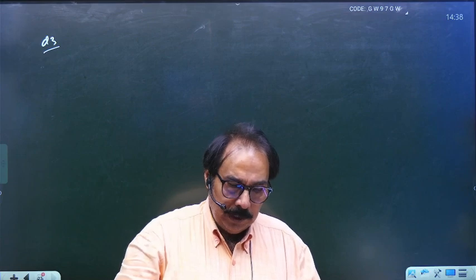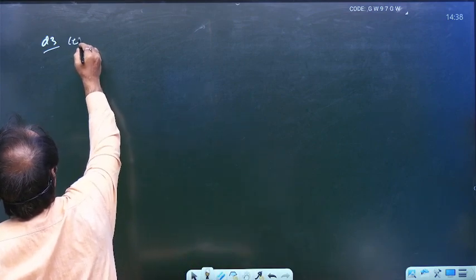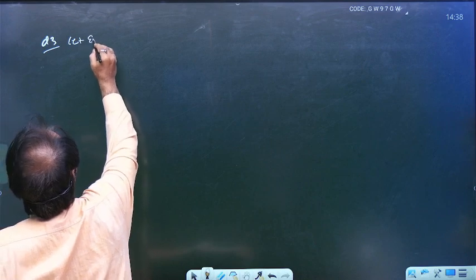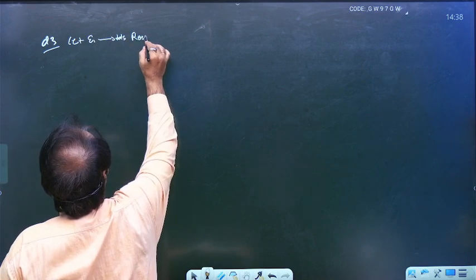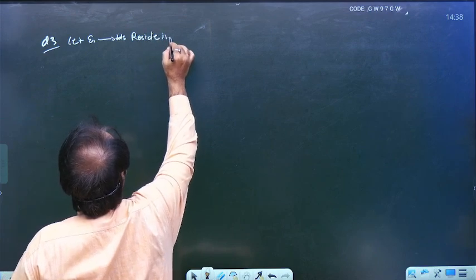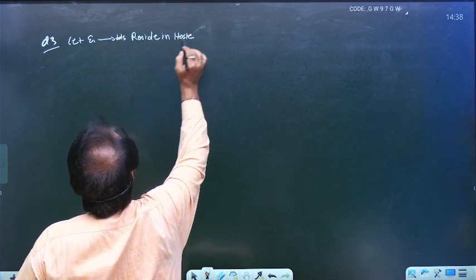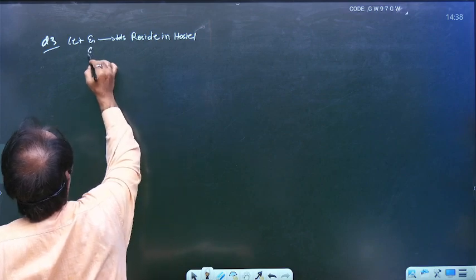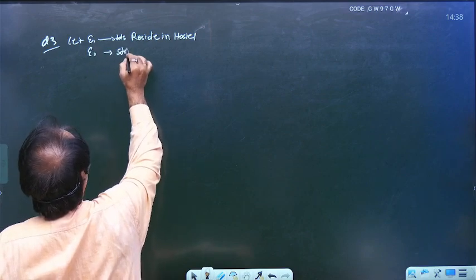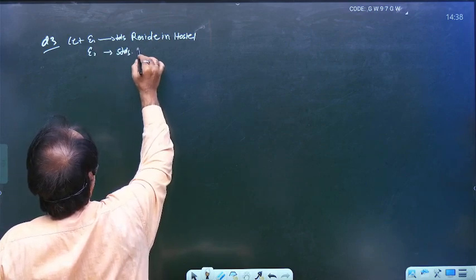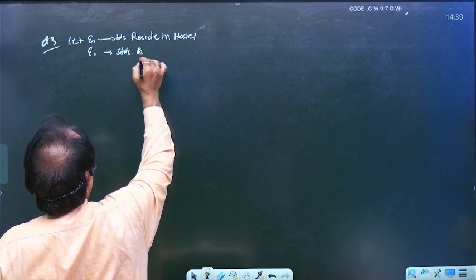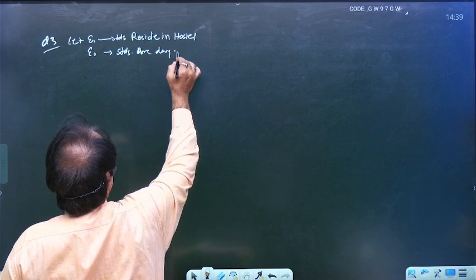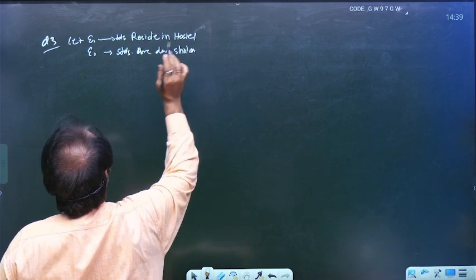So here we will write: let E1 be students who reside in hostel and E2 be students who reside outside, the day scholars.